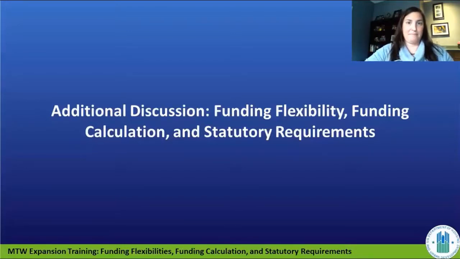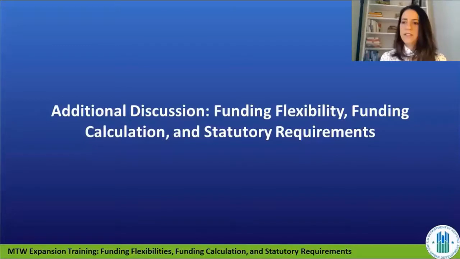Great, thank you. There's another question that was asked earlier. I'm wondering if you'll cover agencies that are interested in applying for both the MTW expansion and mobility. Do you know when HUD might be coming out with guidance on this?